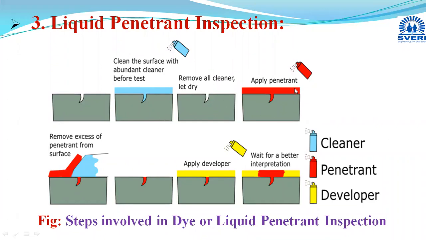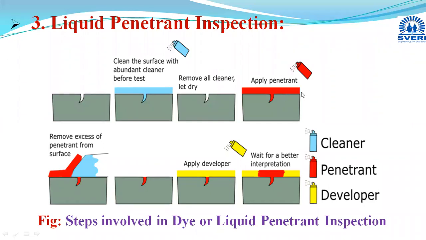Then in the second stage, application of penetrant is done. Generally a red colored penetrant is used. It is applied on the surface, and the extra penetrant applied on the surface is removed with the help of soft cotton.